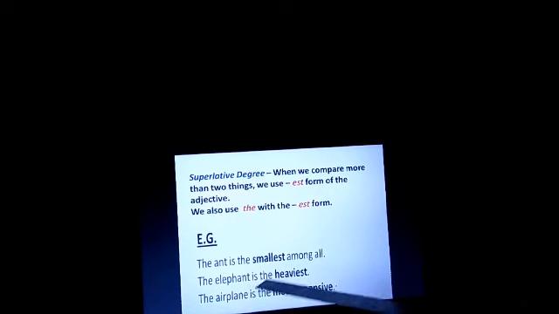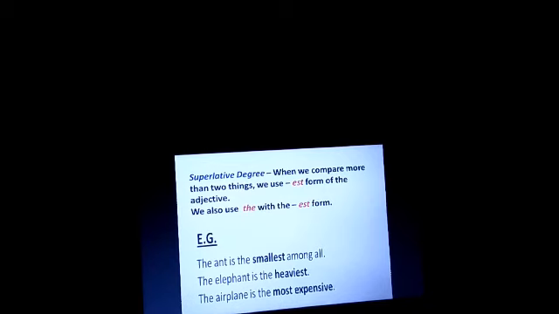The elephant is the heaviest. We know that the elephant is a heavy animal, so for superlative degree we have used EST with the word heavy. The airplane is the most expensive. Most is used for superlative degree.